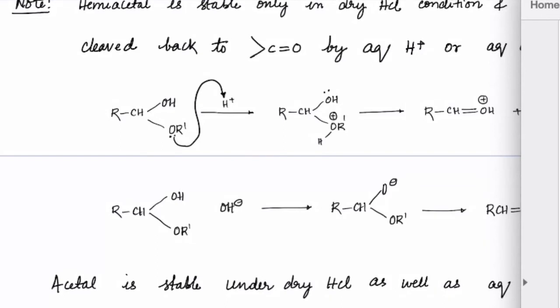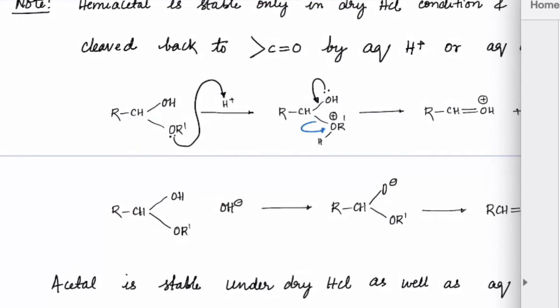It is in aqueous medium, so ROH is a better leaving group as compared to H2O. So protonation would happen on this ROH, then the lone pair present on oxygen will close it as a double bond, and this group will leave as ROH.